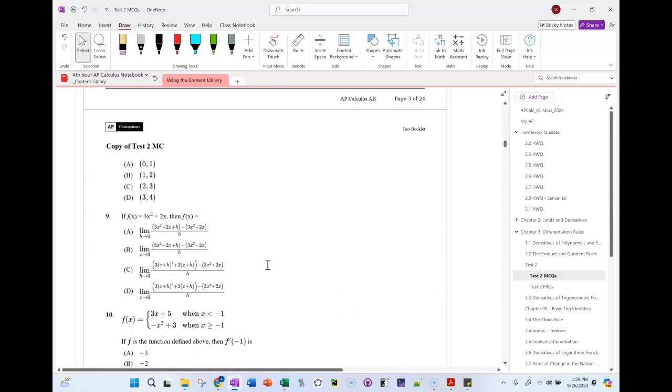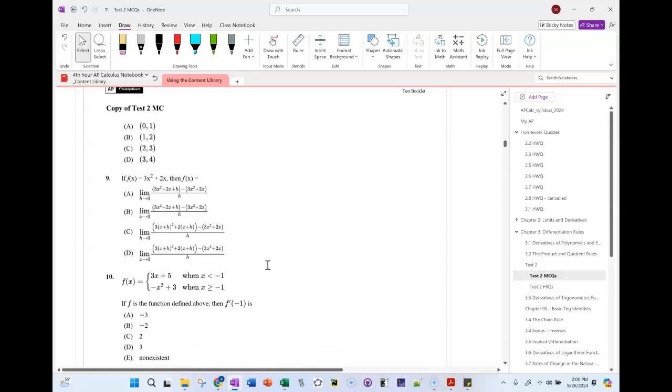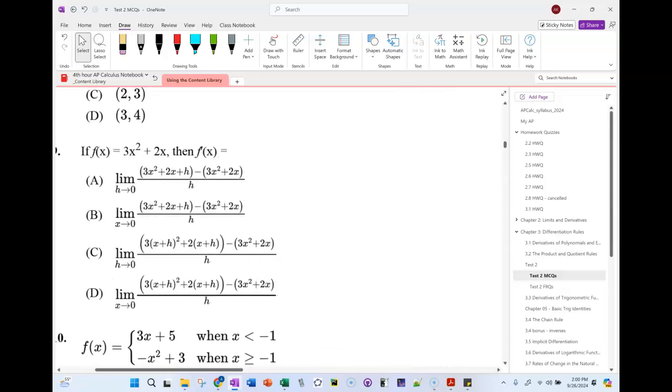I'll show you the most common way. So this is a kind of question that the AP would ask where you have to use the definition of the derivative, where it's like, here's a function, the derivative is which one of these limits. So that's a case where, yes, that definition of a derivative you have to have in order to do a question like this.